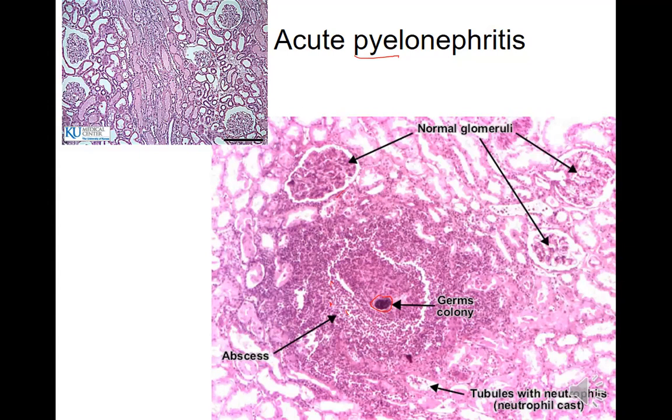But females shorter, so it tends to go more upward, right, into the bladder. And an infection of the bladder is called cystitis because the bladder is a bag of fluid and a cyst is a bag of fluid. So an infection of the urethra is urethritis, and an infection of the bladder is cystitis.